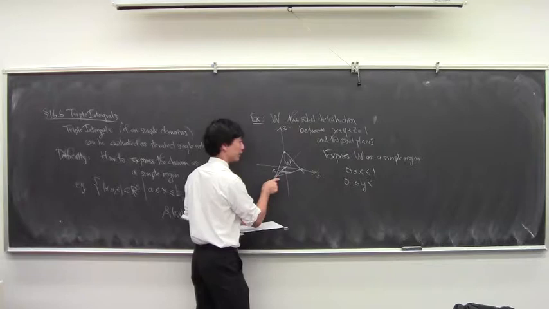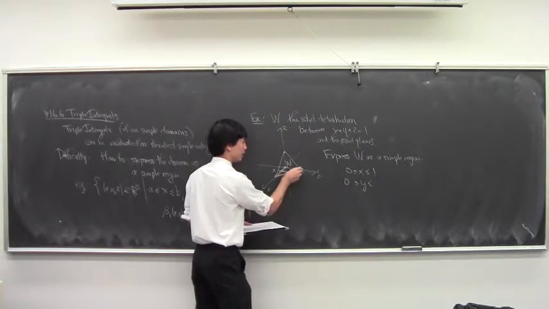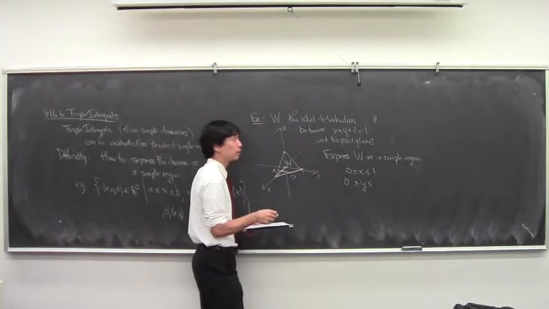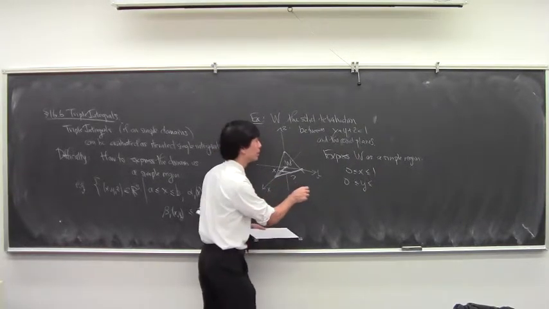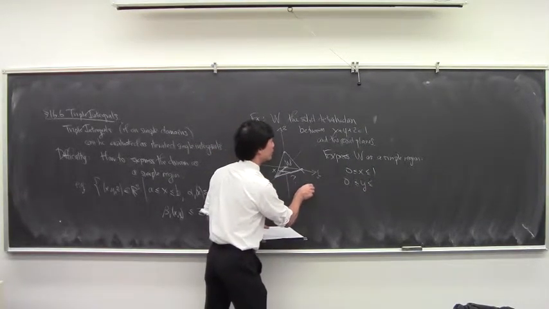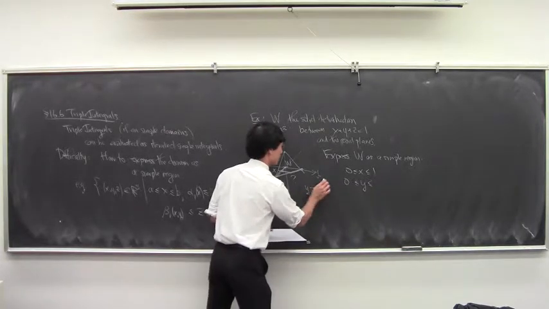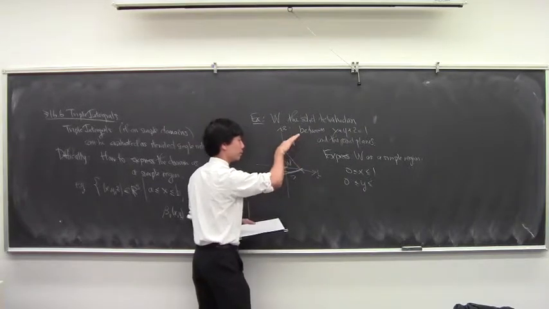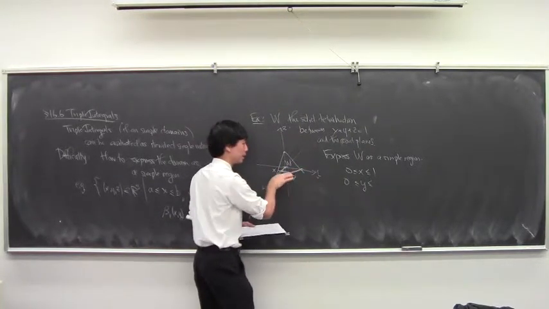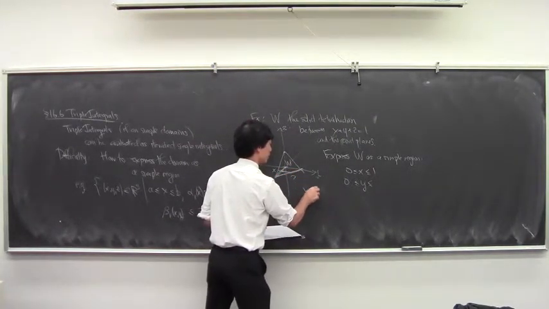What's this line here? Minus y equals minus x plus 1, right? So here we have x plus y plus z equals 1, right? So when z is 0, you get this line. When z is 0, you get x plus y equals 1.